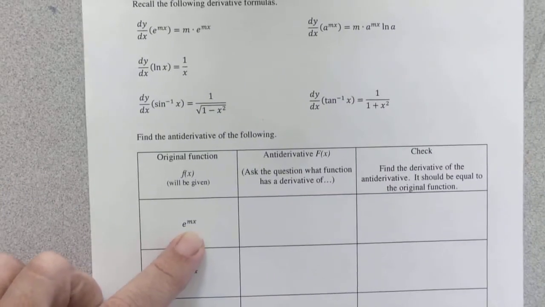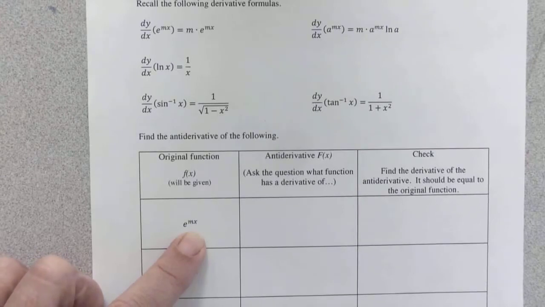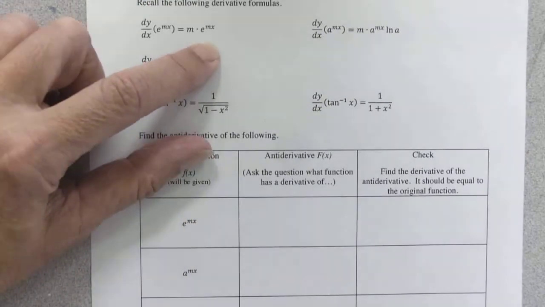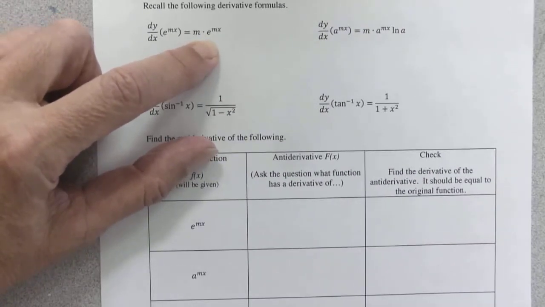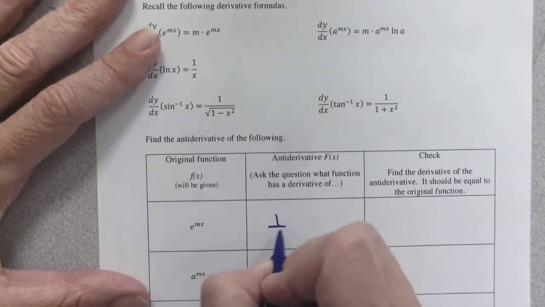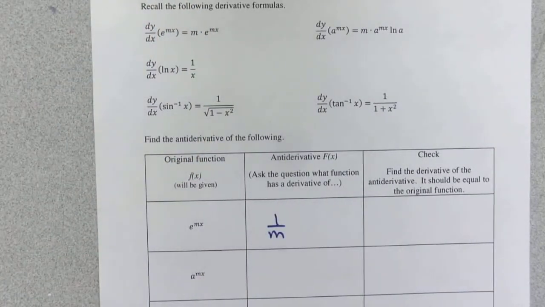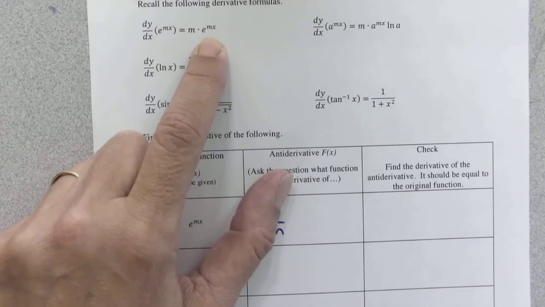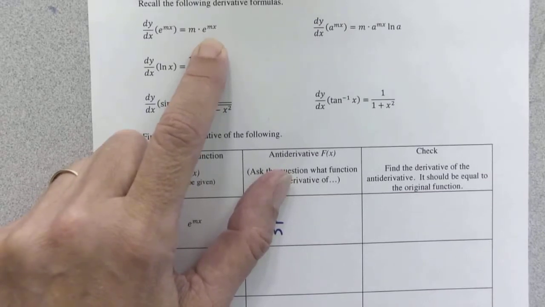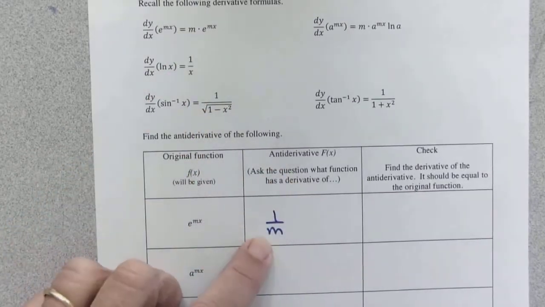And so what is the antiderivative of e to the mx? The derivative was up here, multiplying by m. So when I do the antiderivative, just like when we talked about the trig stuff, the effect of that slope, notice, a linear exponent, when I anti-differentiate, the effect of that m will be to divide by it.